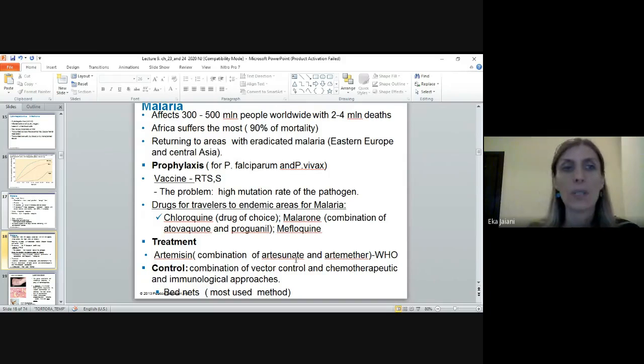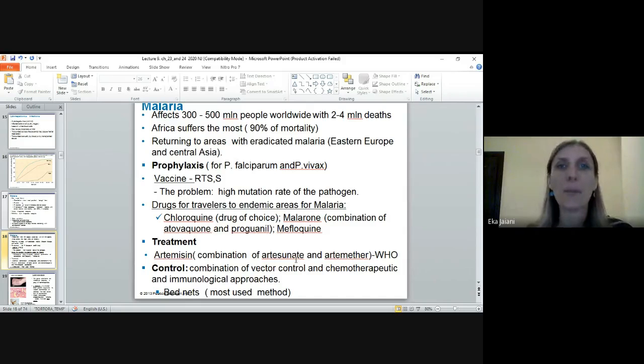And what is written in the textbook is that there's not much interest to develop anti-malarial drugs because it is not profitable for the companies. As malaria affects mainly Africa, people there cannot afford expensive drugs. Can you imagine?